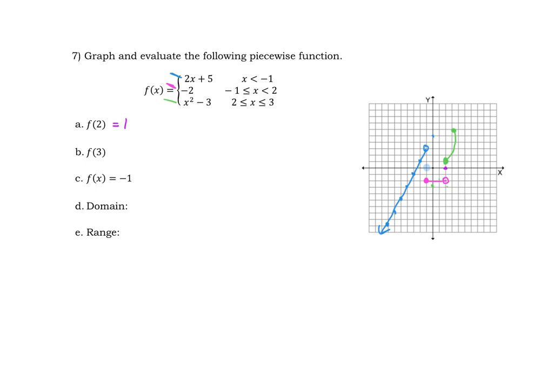Okay, so the next point is f equals 3. So 1, 2, 3, that's there. And that's up here at the top. So that is at 6. And again, 3 is in this range. So 3 squared minus 3 is 9 minus 3, which is 6. So algebraically, I can still get there. So that's what I wanted to point out.